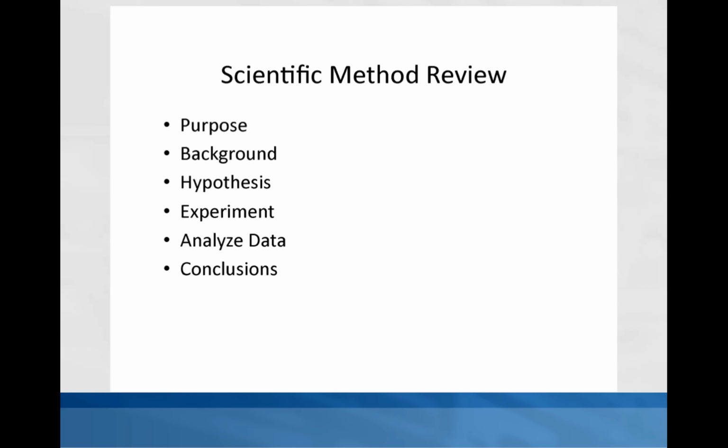You probably don't need to do background research unless your background research was very skewed and you only looked at one thing. You may have to broaden what you're looking at. And that's the whole key with the scientific method. I went through some real research-based questions, but people use this in everyday life. I will be talking about that in another presentation, or you'll be reading about it, because you do use this all the time, even if you don't realize it.